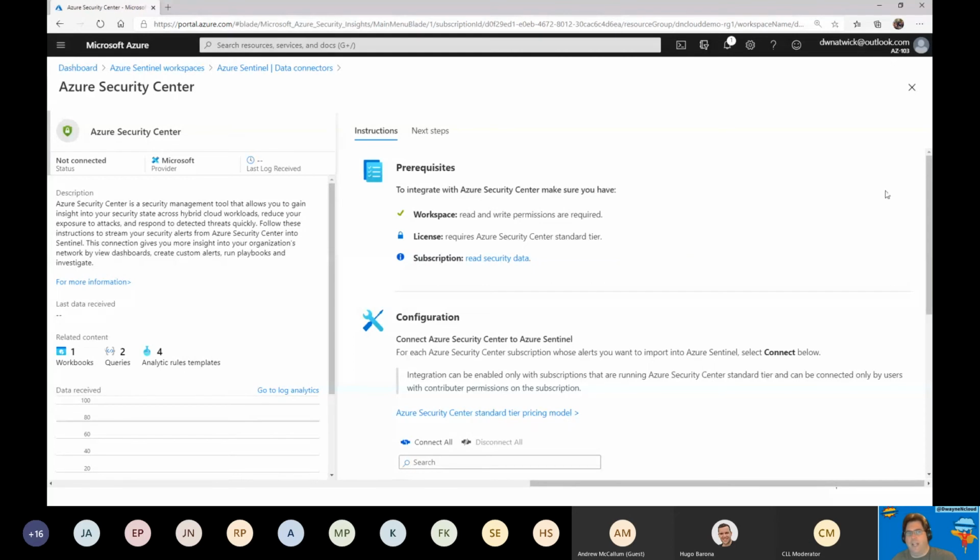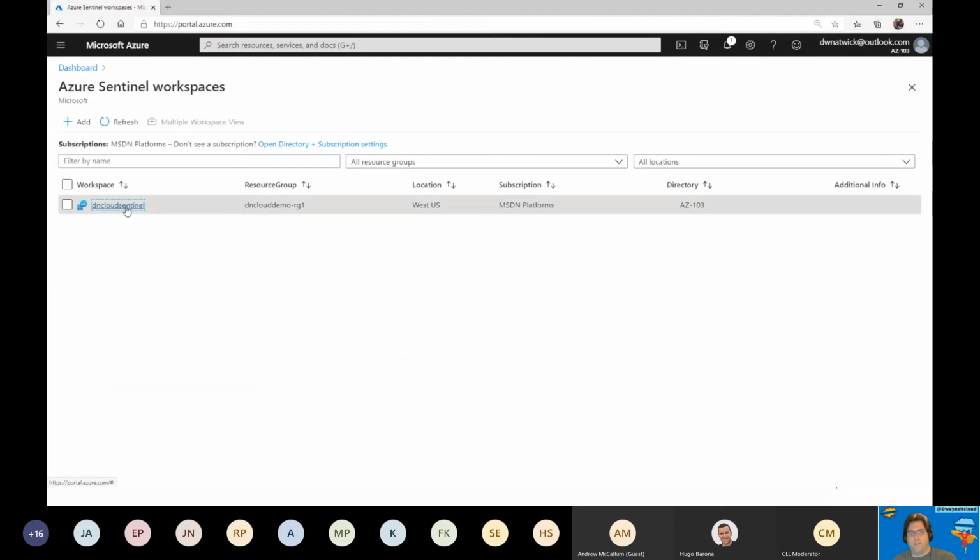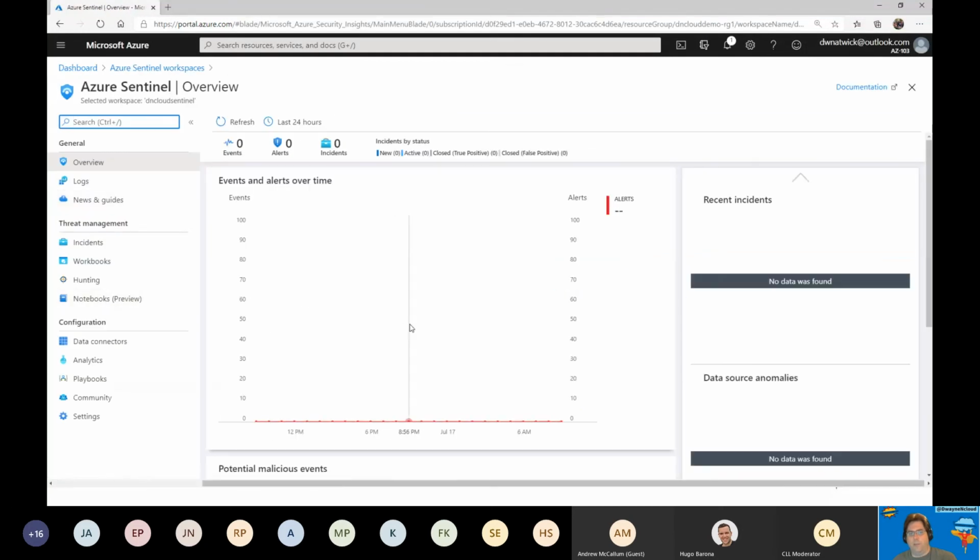So this is Azure Sentinel, and the Azure Sentinel workspace is going to help you manage and monitor what's going on in Security Center and what the recommendations are coming through Security Center.